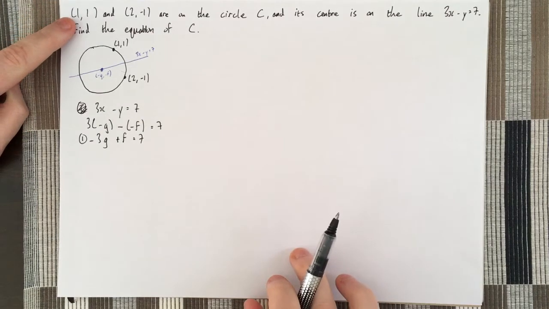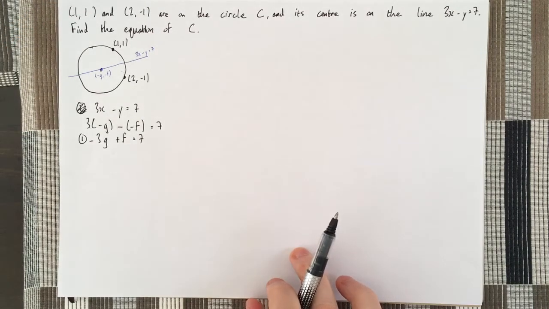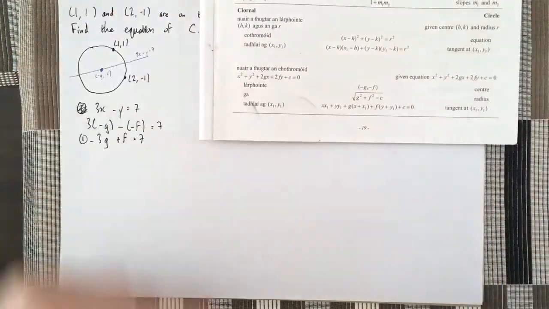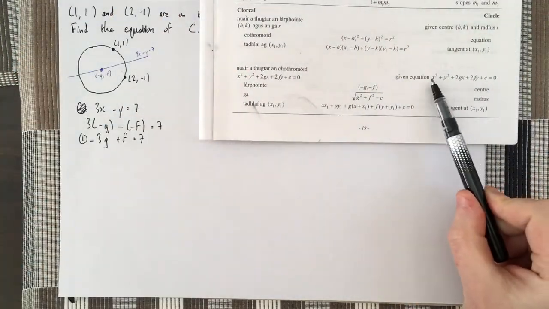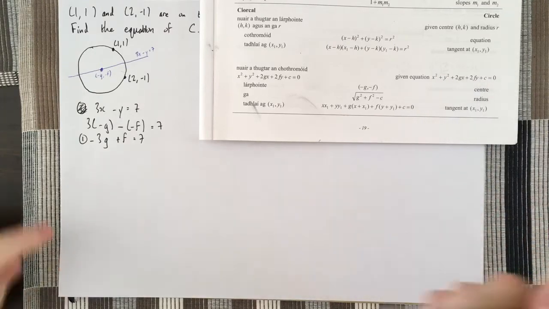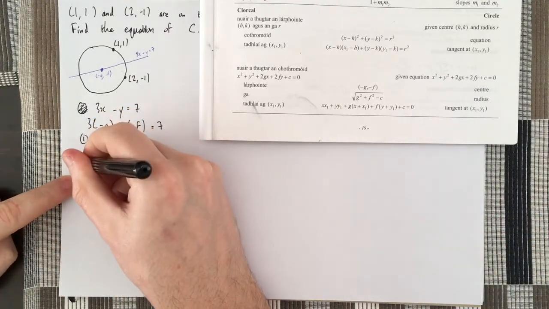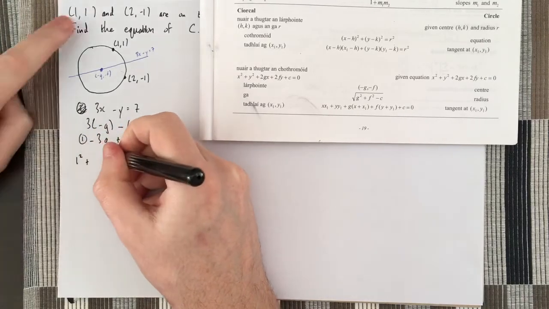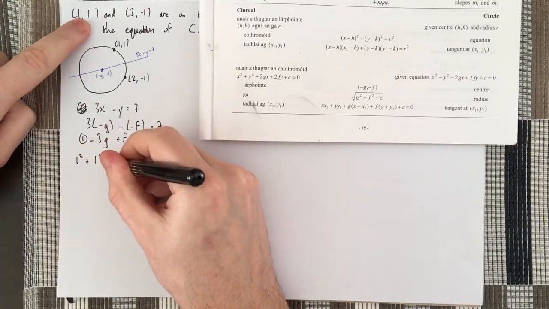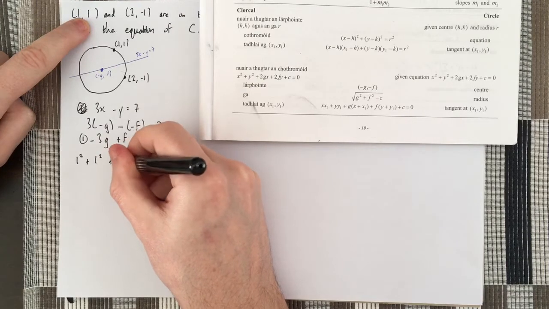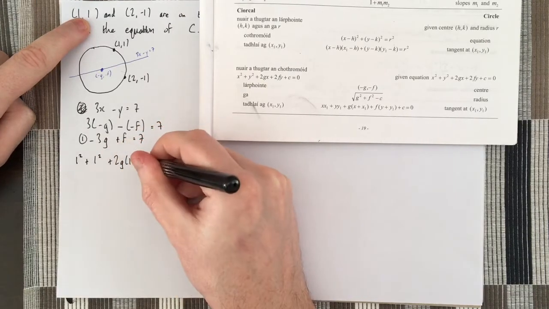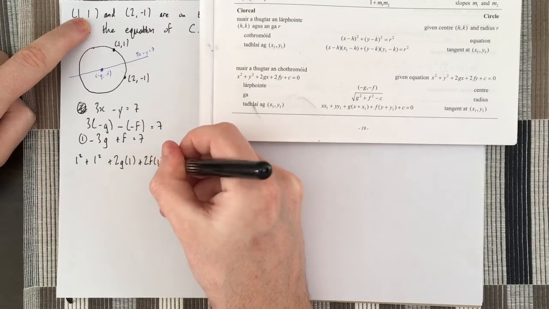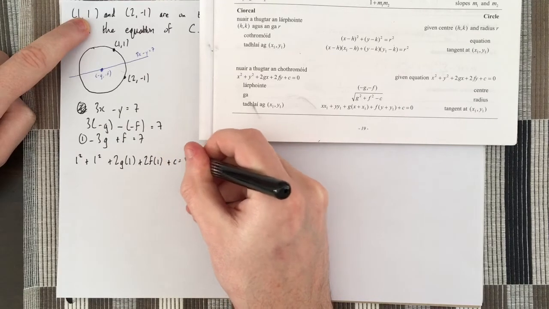Continue on then, so sub (1, 1) into the equation of the circle. So (1, 1) is a point on the circle. Instead of x squared, I'm going to get 1 squared, plus instead of y squared, 1 squared, plus 2gx, so plus 2g times 1, plus 2fy, so plus 2f times 1, plus c equals 0.